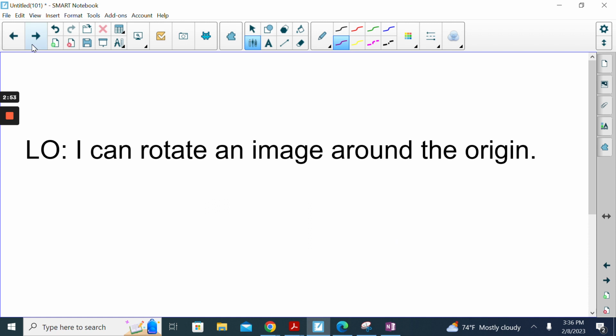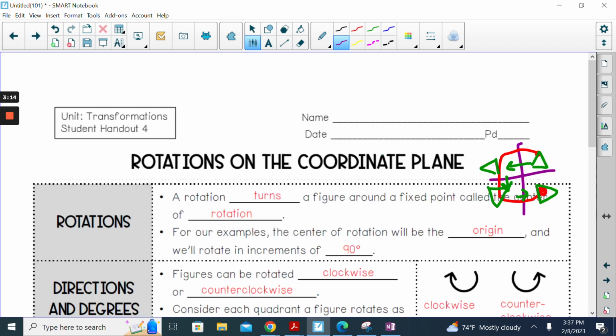All right, so now that we have our notes all set up, ready to go, our learning objective is that by the end of this lesson, you should be able to rotate an image on the coordinate plane around the origin. So today we're going to talk about rotations on the coordinate plane.